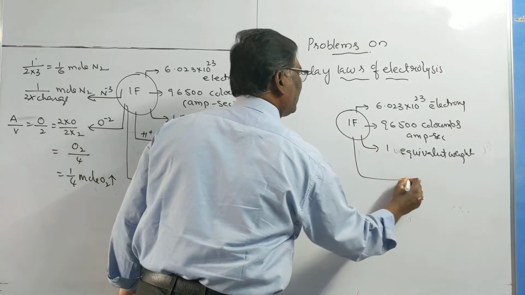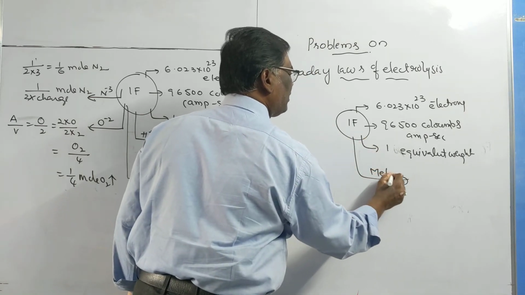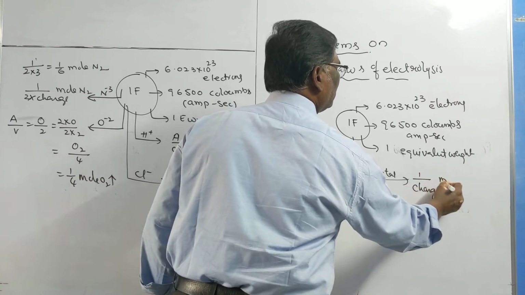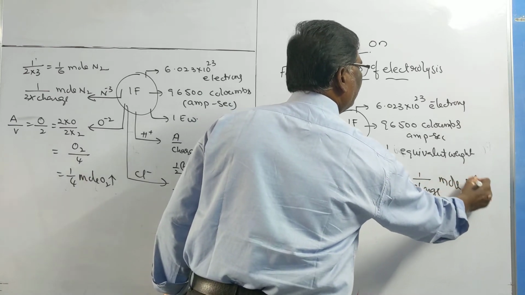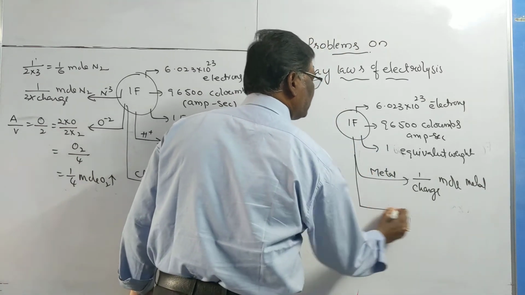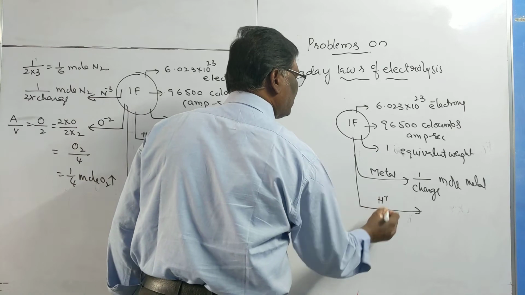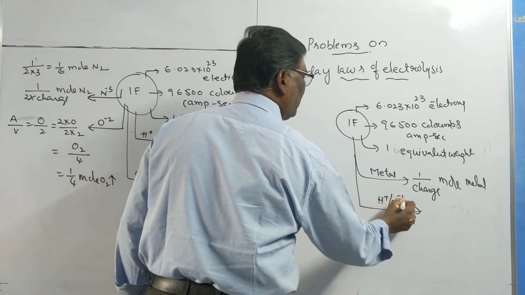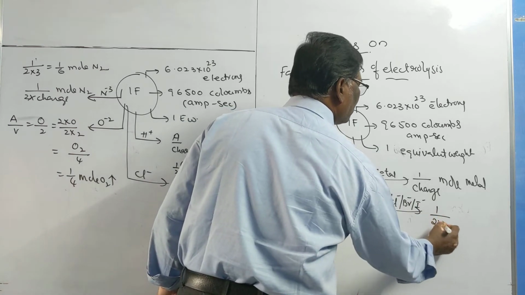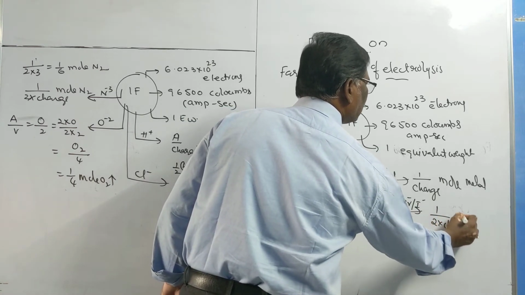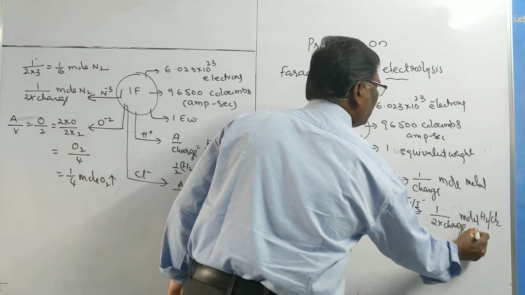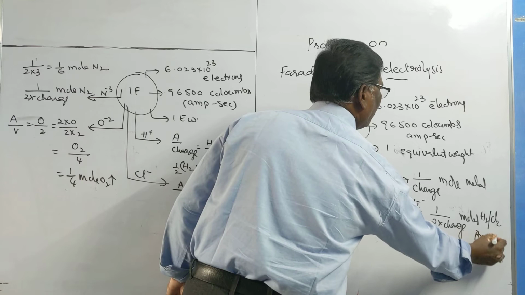In case of metal, it deposits 1 by charge moles of metal. In case of hydrogen, chlorine, bromine, iodine, 1 by 2 into charge moles of hydrogen gas or chlorine gas or bromine or iodine.